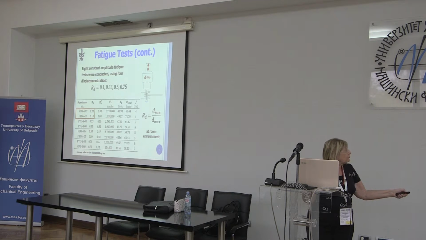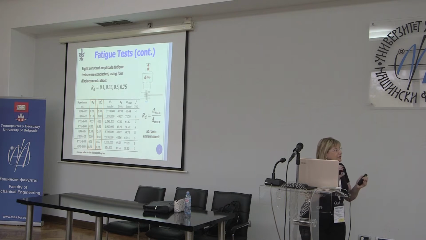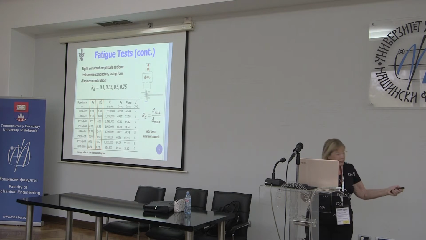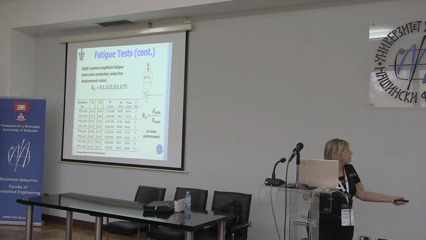We had 2 specimens at RD of 0.1, 2 specimens at RD of 0.33, 0.5, 0.75. So we have a whole bunch of RD. And then the RP, theoretically, they should be the same. But the slack in the machine is such that this is the average RD. It's settled down basically to these values after 10,000 cycles.